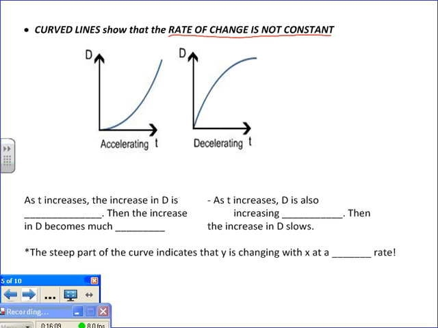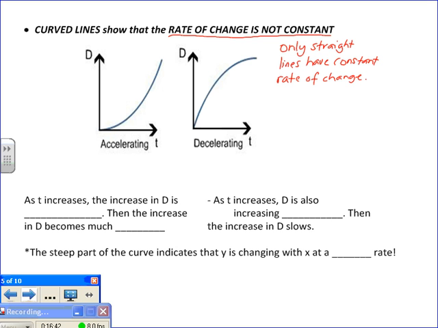Only straight lines have what we call a constant slope or a constant rate of change. So the change in y over change in x is staying at the same rate. It's constant. Curved lines show that the rate is either increasing or possibly decreasing.